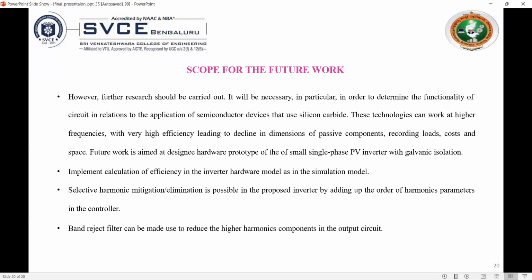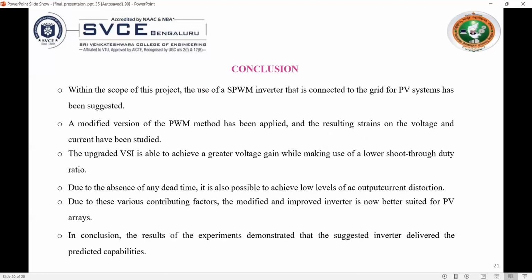Selective harmonic elimination is possible in the proposed inverter by adding the order of harmonic parameter in the controller. A band reject filter can be used to reduce the high harmonic components in the output circuit.